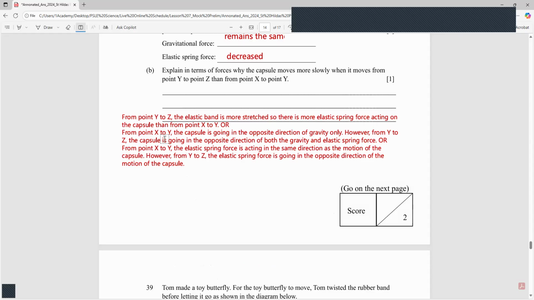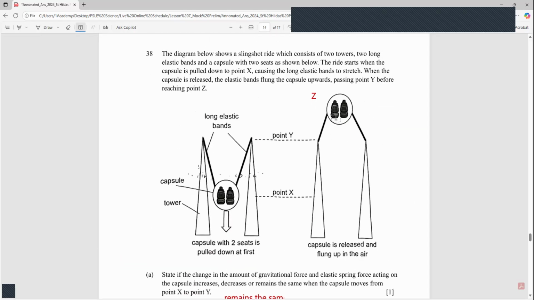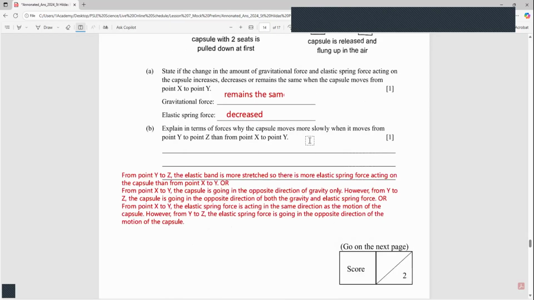From point X to Y, the capsule is going in the opposite direction. However, from Y to Z, it is going in the opposite direction of both gravity and elastic spring force. Gravity goes down, and elastic spring force is also coming down.